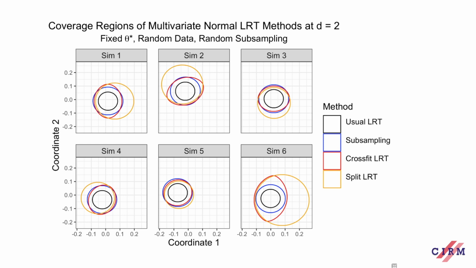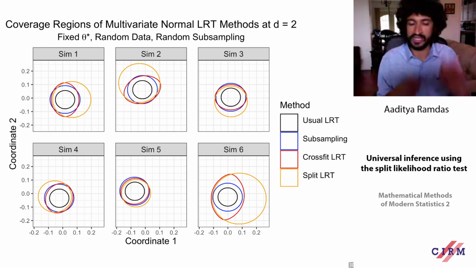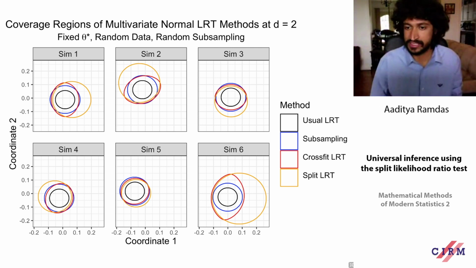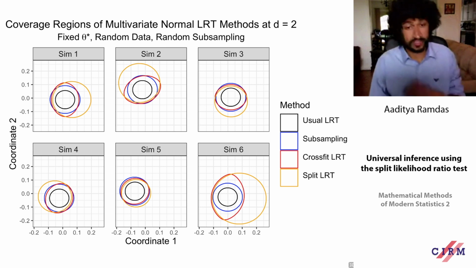The subsampling based one, where we do many subsample runs, so we repeat the split like 100 times, and that's the blue one. And then the usual LRT is the tightest, it's the black one in the middle. And so actually we can prove the phenomena that you're seeing over here.